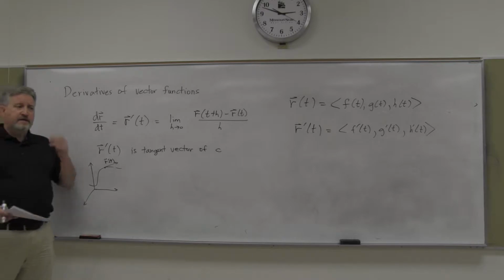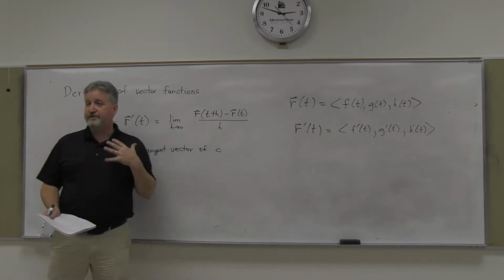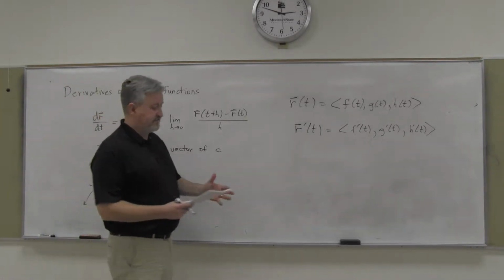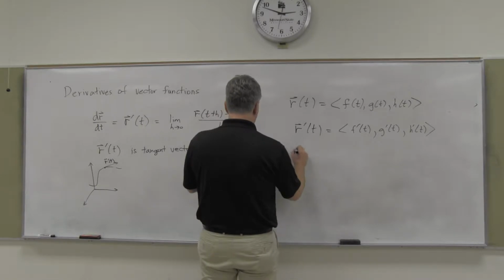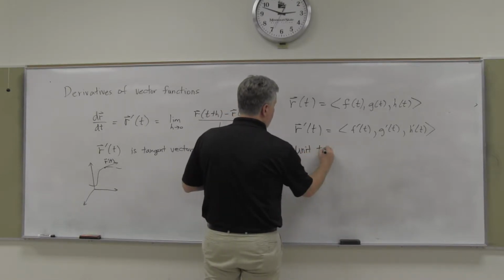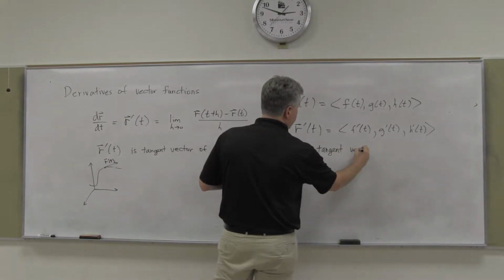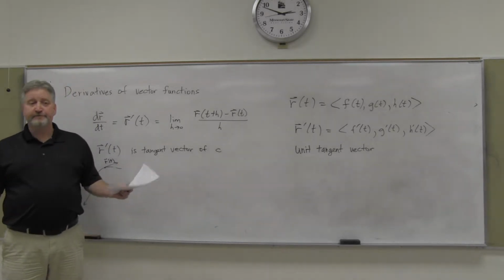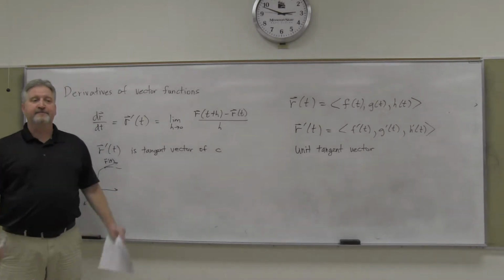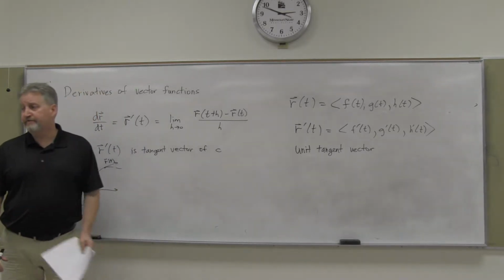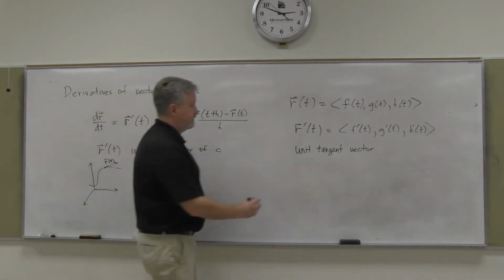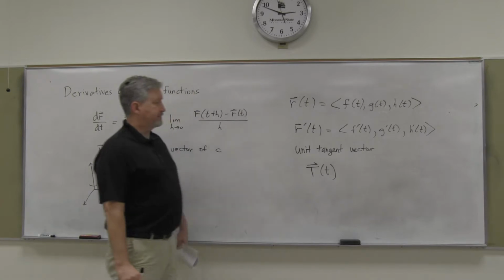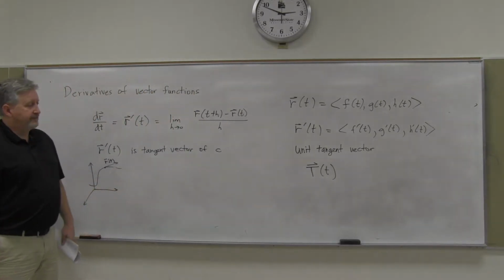Now, a lot of times they like these unit vectors. We'll call it the unit tangent vector. That's just like we did before. We're just going to unitize it, meaning make it a 1 unit long vector. They call it T, the big capital T vector.